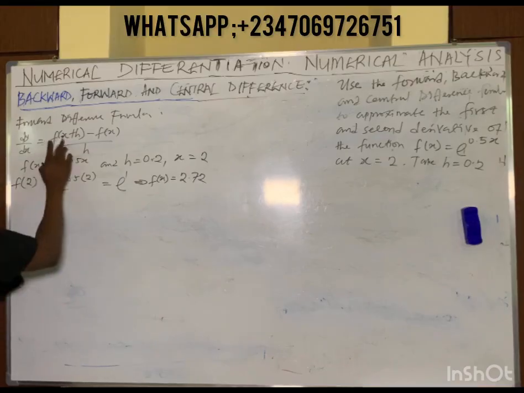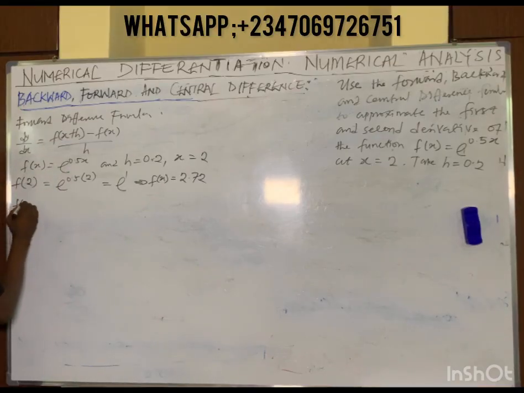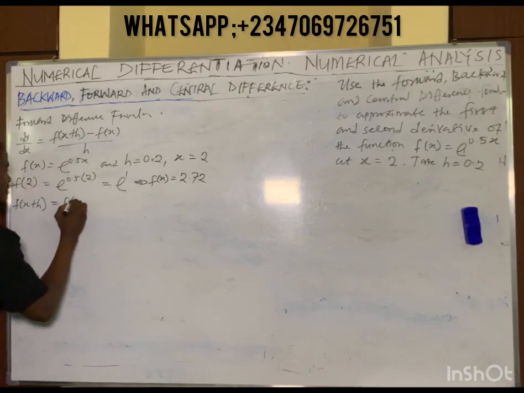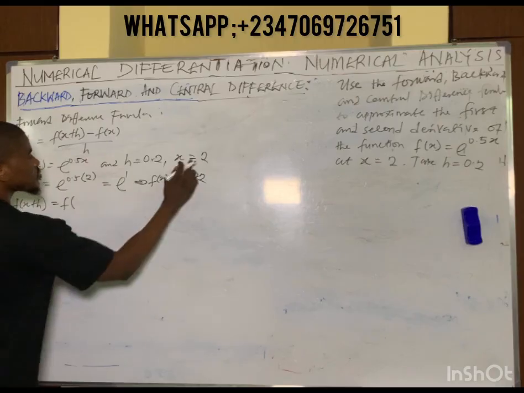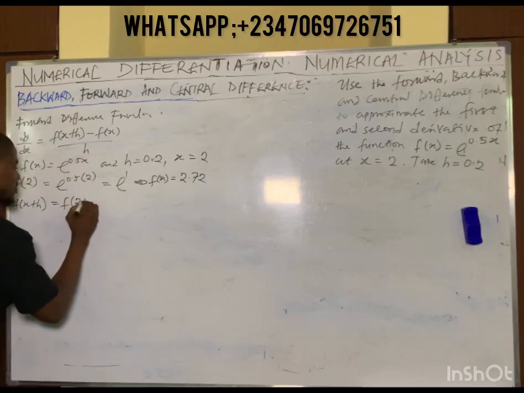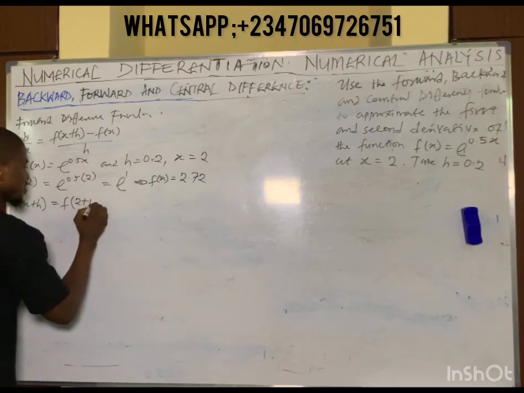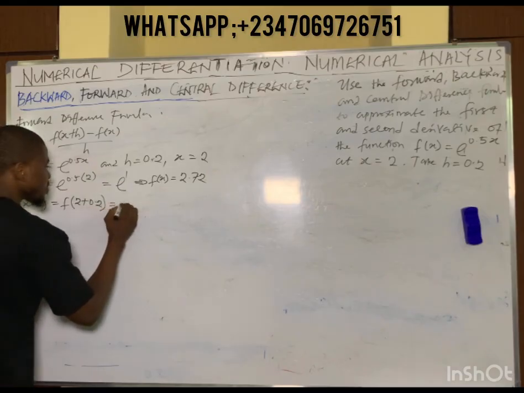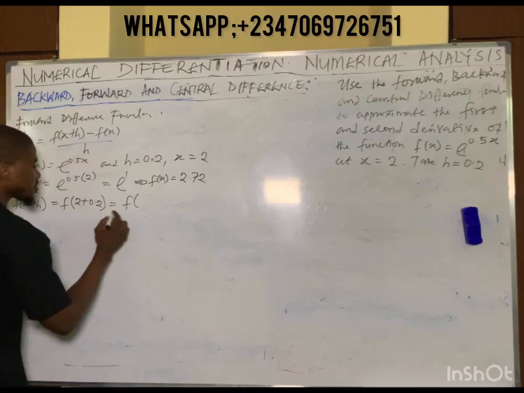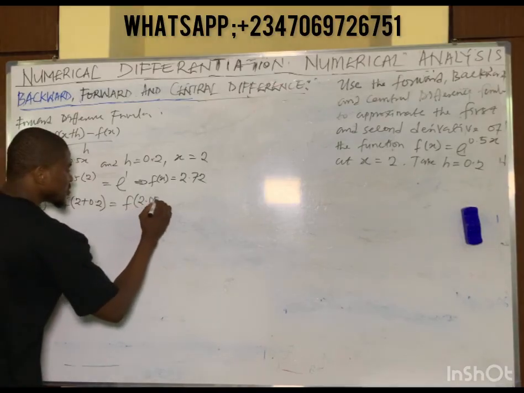The next thing to find from the formula is f of x plus h. So this is going to be equal to f of 2 plus h, which was given as 0.2. So f of 2 plus 0.2 gives us 2.02.